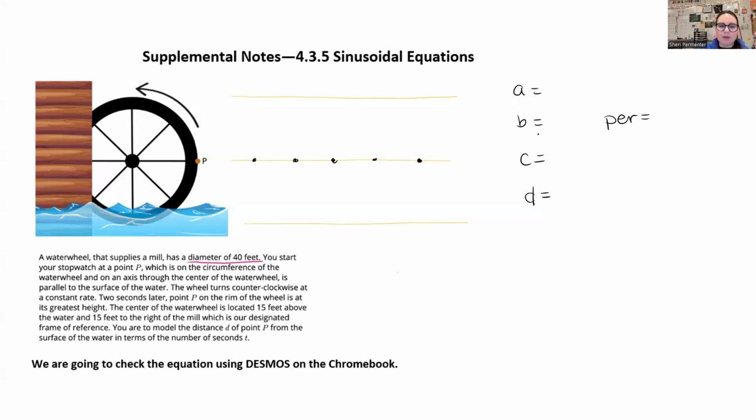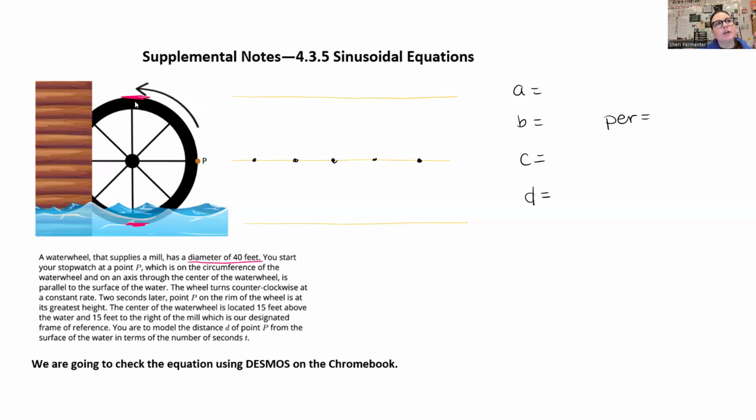So if I know the diameter is 40 feet, then I know from the top line to the bottom line, isn't that the diameter? Isn't that the diameter from here to here?